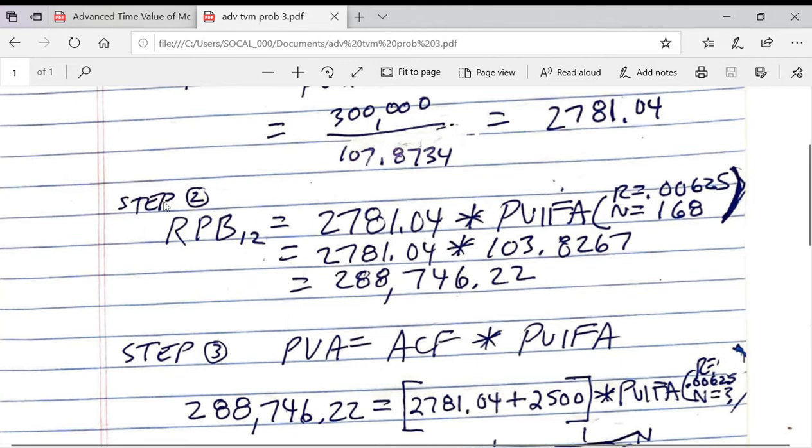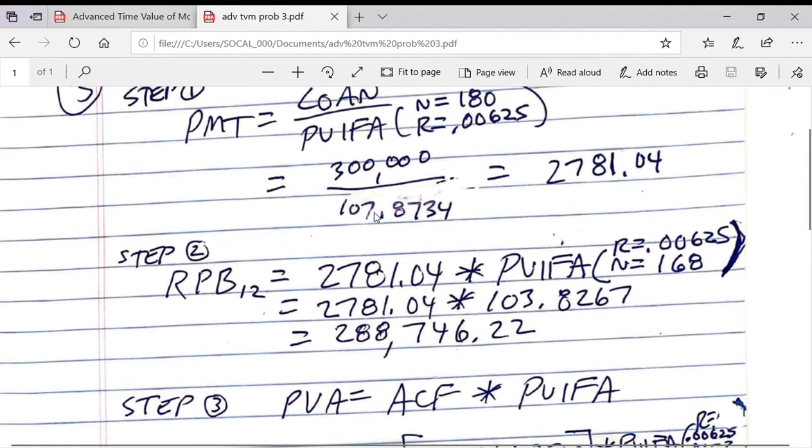So let's just see what our remaining principal balance is at date 12, the date that they make their last regular payment. Again, it's just present value of annuity equals annuity cash flow times PVIFA. In this case, the relevant present value of the annuity would be the remaining principal balance at date 12, and that's going to be equal to the payment of $2781.04 that we calculated, times the PVIFA with the same R, and now N is 168 because we've already made 12 payments.